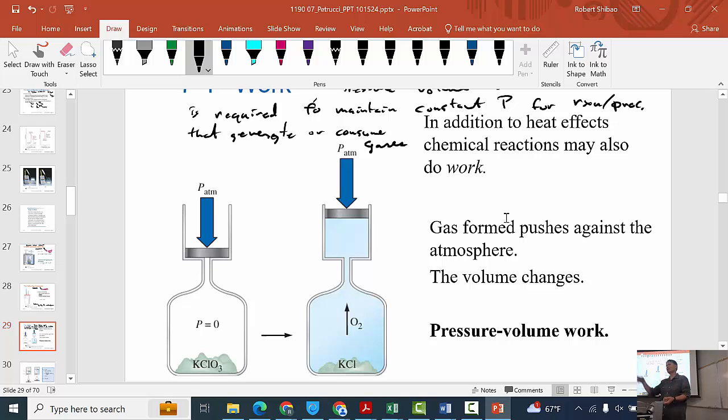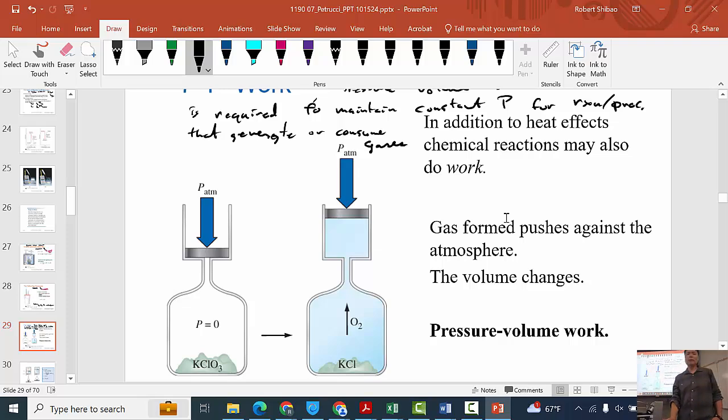Like if I drive up to Big Bear, and I have a bag of chips or something, it's ballooned out. It wants to blow up, basically, or a drink or something. When you go up higher in elevation, it's easier to blow up than at lower elevation. Eventually, it'll equilibrate. So the amount of work you do depends on how big the balloon is and under how much pressure you have to blow it up. That's the amount of work.